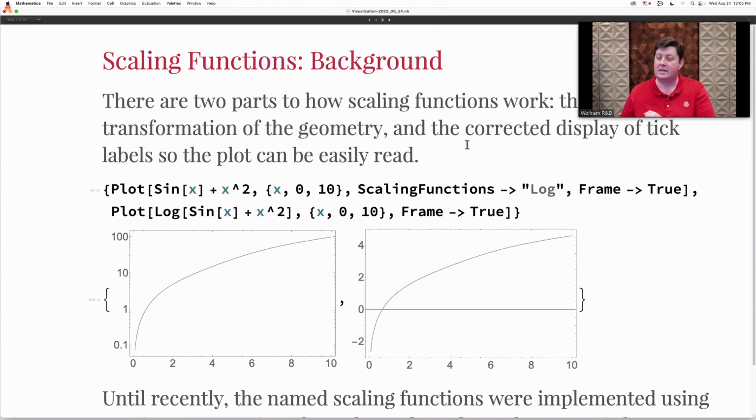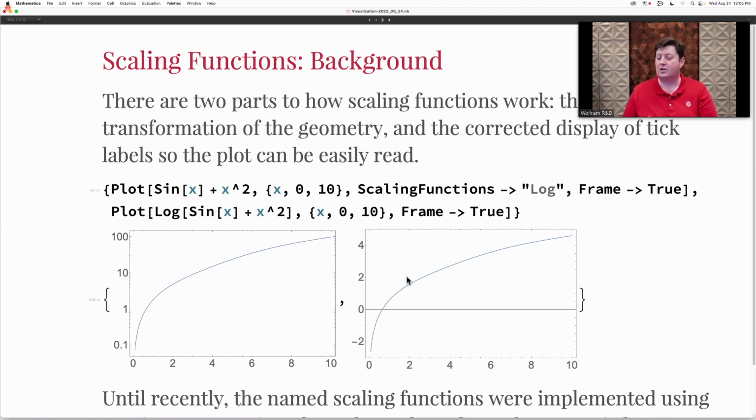And it's useful to think of how scaling functions work. There are 2 things that a scaling function does. One is that it does the actual transformation of the plot. And so here I have on the left a plot of an expression with ScalingFunctions going to log, and on the right, I'm plotting the log of the function instead.